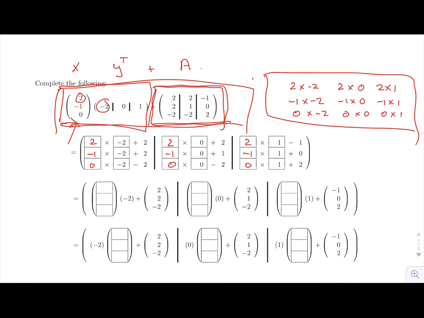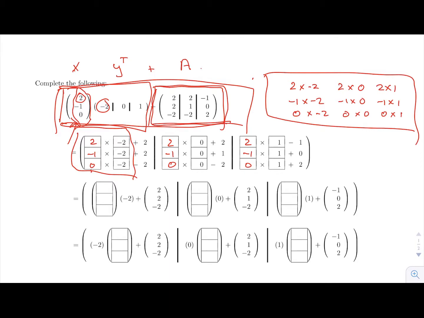Okay? Now, if you look at this right here, what you recognize is that that's really just this particular vector, which happens to be the vector that we started with right here, x, times minus 2.